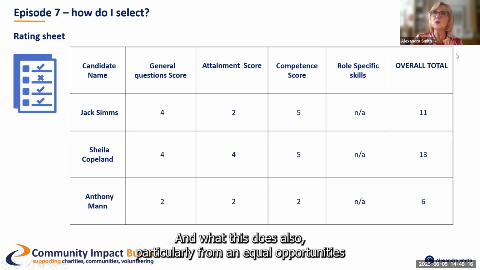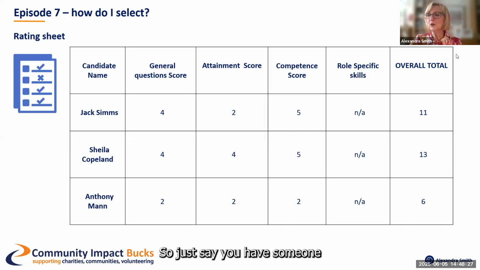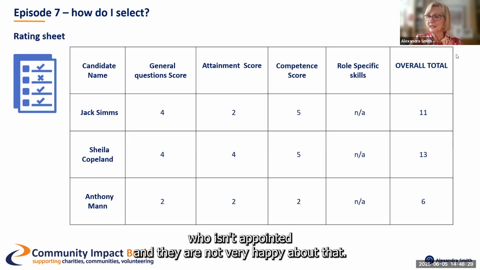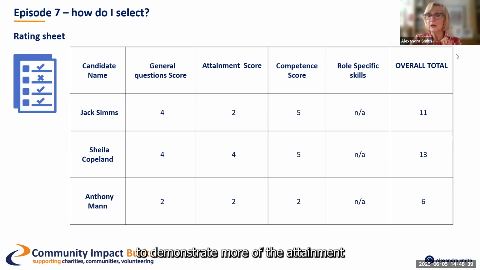And what this does also, particularly from an equal opportunities perspective, is it makes your process transparent. So say you have someone who isn't appointed and they are not very happy about that. You can then be very transparent with them that there was somebody who was able to demonstrate more of the attainment element of the role than they had.